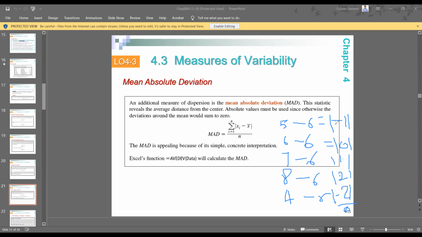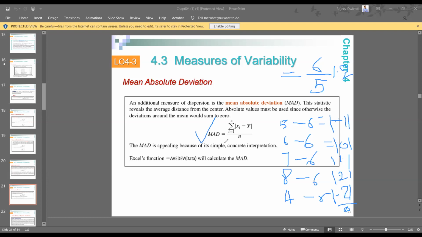What is the mean absolute deviation here? 1 plus 1 is 2, plus 2 is 4, plus 2 is 6, divided by n, which is 5. So 1.2 would be the mean absolute deviation.